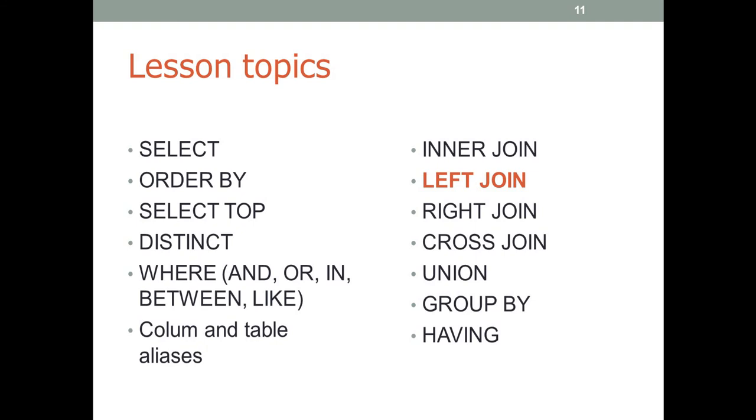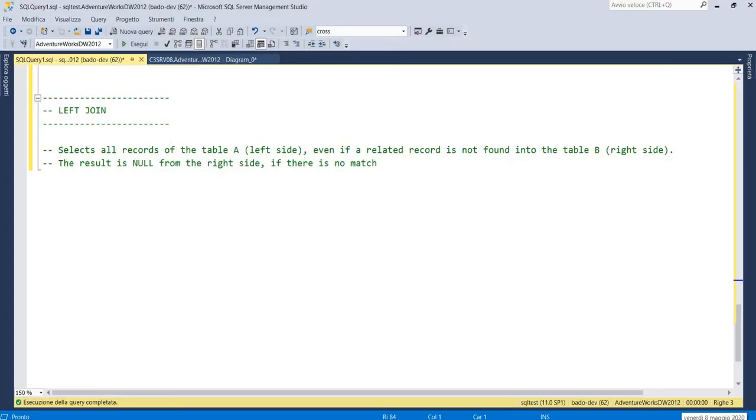Let's learn the left join command. The left join command selects all records of the table A, so the left side of our join, even if a related record is not found in the table B, the table to the right side of our join. The result is null from the right side if there is no match.